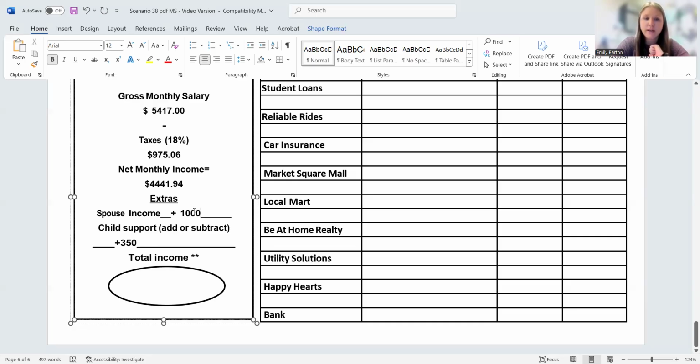Of course, if you had a 0 for spouse income, it's not going to change anything. And then plus, minus, or 0 on child support as well. So take a minute, use your calculator, get to your final income, and then you are going to write it in the oval right here under total income. I'm going to do the same.